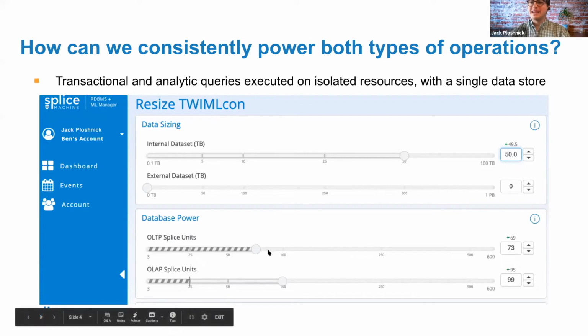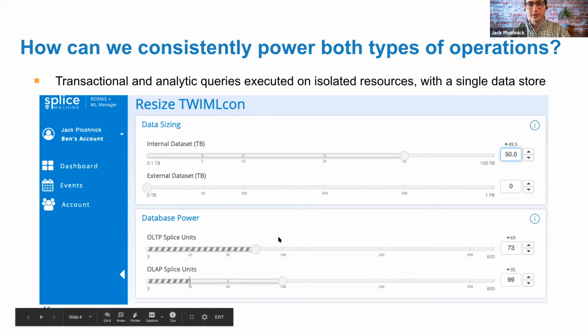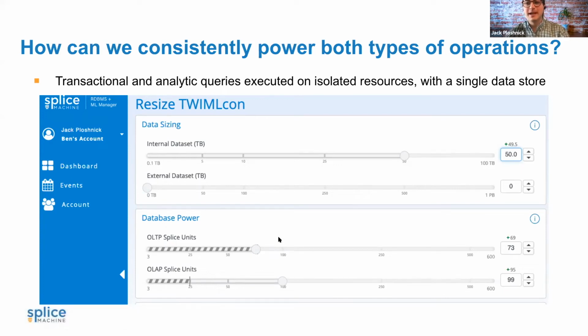You can scale them independently. So if a big job is running on the OLAP side, a big group by execution done by some data scientists, for example, that in no way affects the real-time OLTP side of the database. They have independent resources.